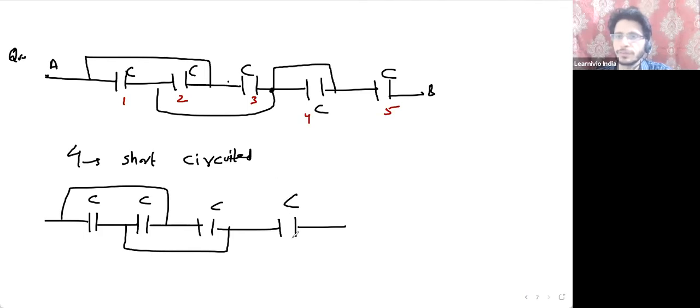Now you know how these first 3 are connected. By the potential divider method, we know they are connected in parallel. With the parallel combination of the 3, this 5 is connected in series. So this is the equivalent circuit here.